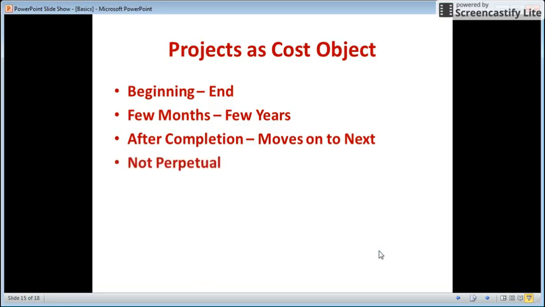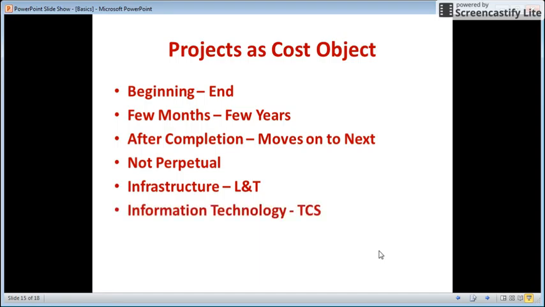It is not a perpetual function, meaning it is not endless. It is usually undertaken by companies in the infrastructure sector like L&T or the information technology sector like TCS. Thus, all the costs incurred in relation to projects are grouped under one category. Hence, project will be a cost object.